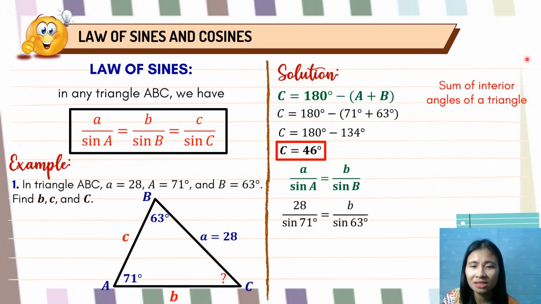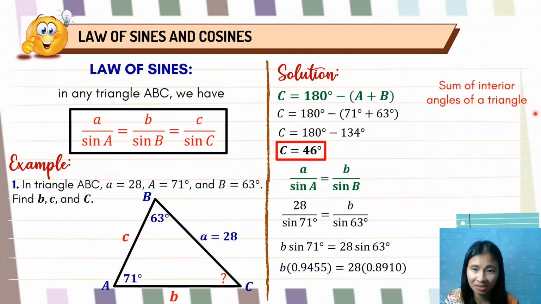By substitution, we have side a is 28, angle A is 71, and that is equal to side b, which is unknown, over sine of angle B, which is 63 degrees. Then cross multiply, we have b times sine 71 degrees equals 28 times sine 63 degrees.